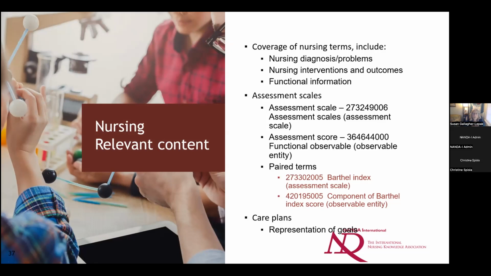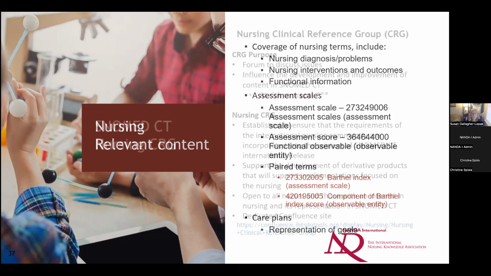Assessment scales is a whole other webinar on its own, but just know that there are terms in SNOMED CT to describe assessment scales on multiple different levels. I have a really good example using the APGAR score, but I don't have it here in this presentation. And then definitely for care plans, because that's what the nursing content was added to SNOMED CT to support.